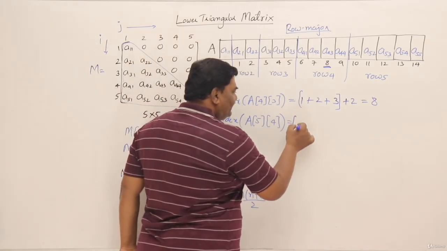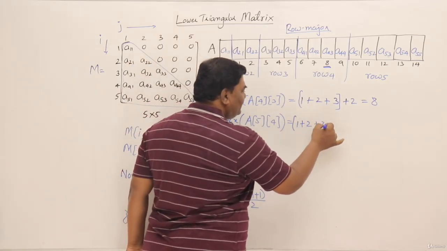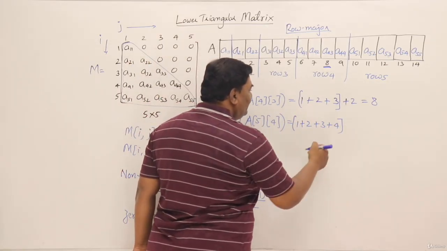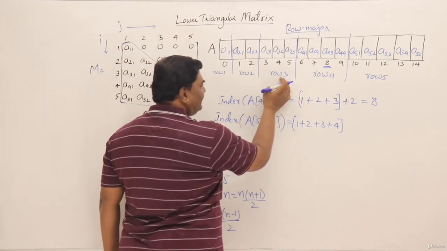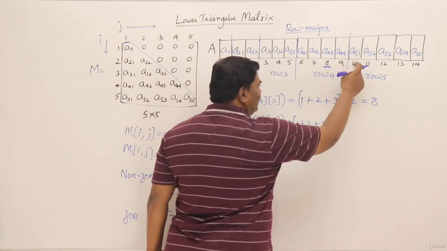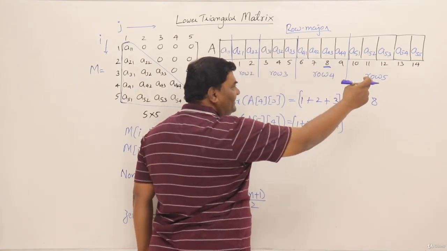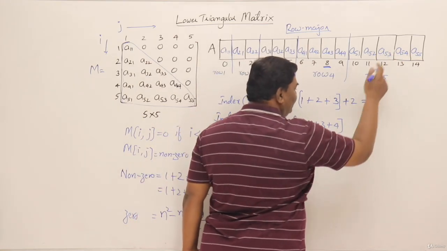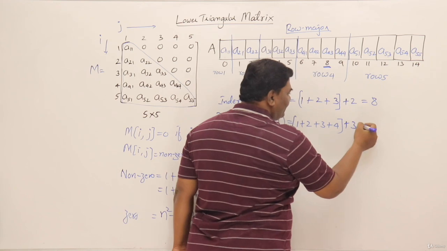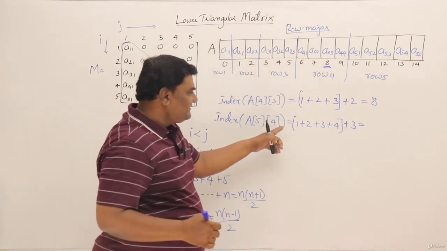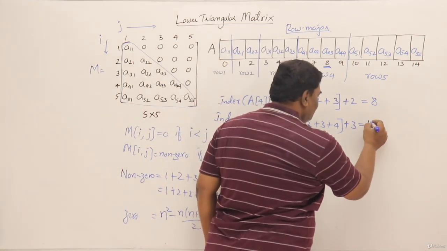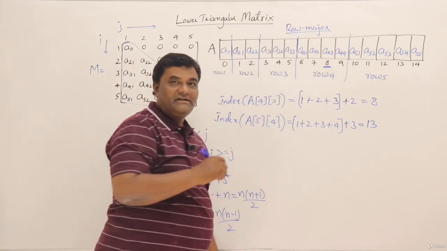The first row has 1 element, the second has 2, the third has 3, and the fourth row has 4 elements. So I have skipped the first, second, third and fourth rows, and I am at the beginning of the fifth row. From here, how many steps should I take to reach 5, 4? 1, 2, 3. So plus 3. If you add, this will be 13. So yes, I got the index.